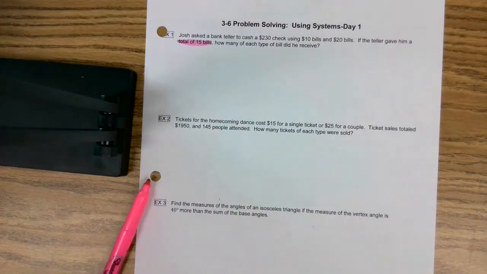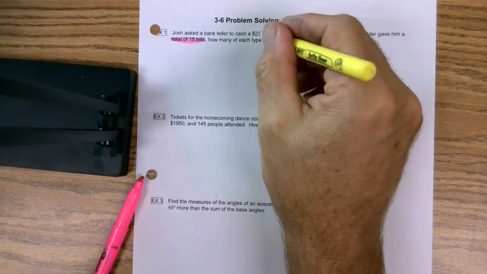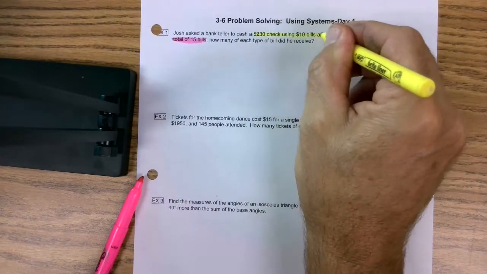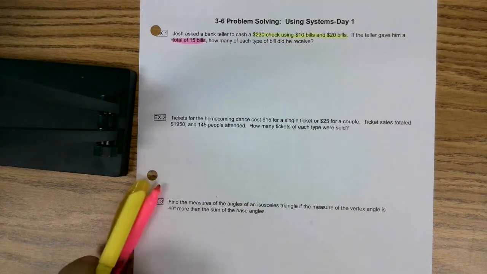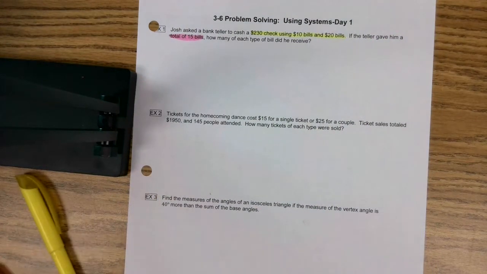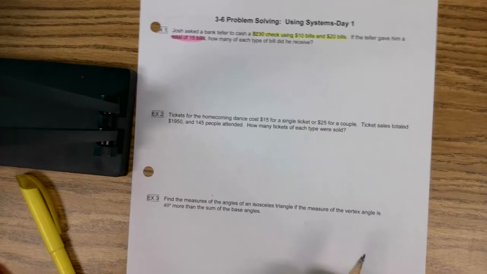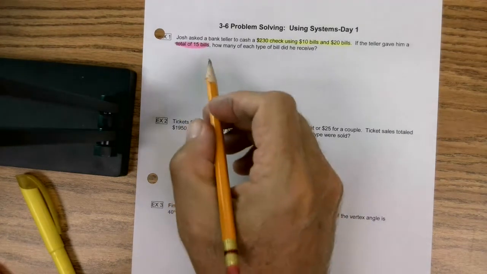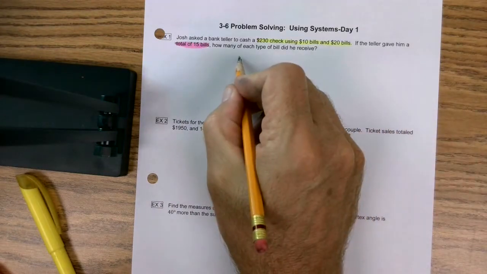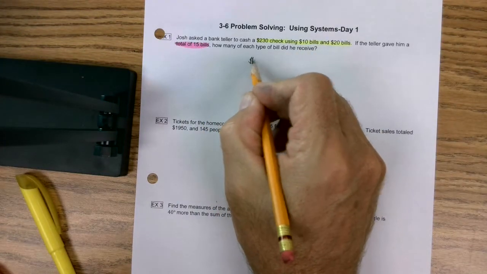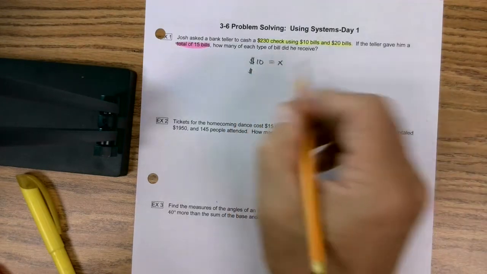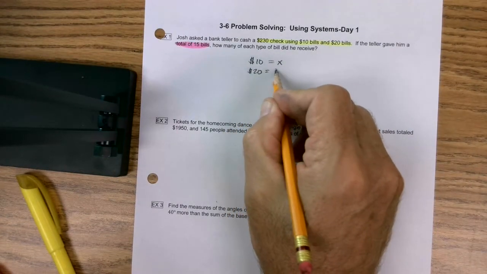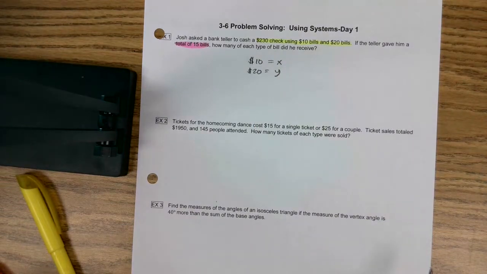And then it said you got $230 with $10 bills and $20 bills. So what we're going to do here is say, hey, I want to let $10 bills equal X, and I'm going to let $20 bills equal my good friend Y.